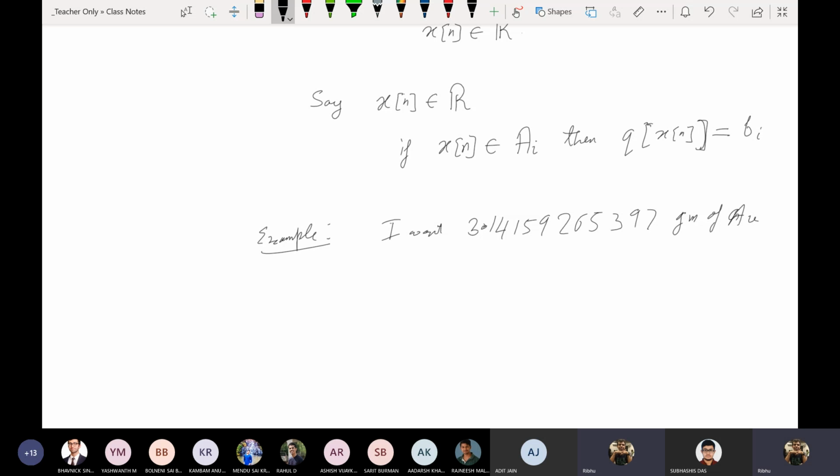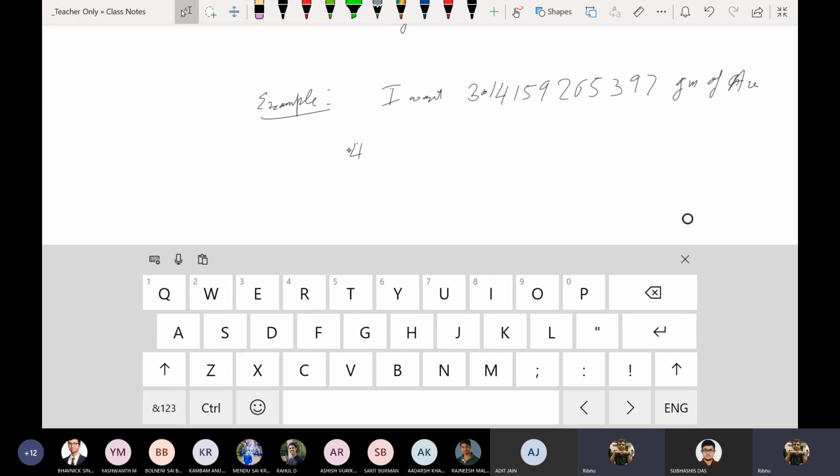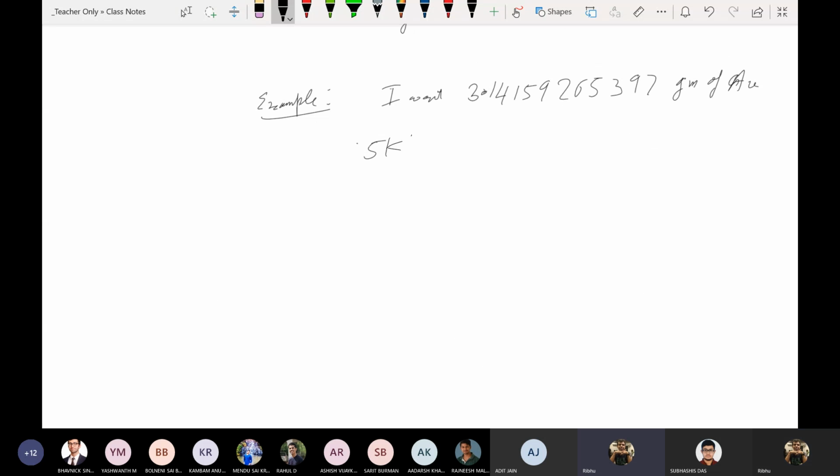How expensive is gold anyway? Any idea? Sir, 45,000 for 10 grams. Okay, so let's approximate it to 50K for 10 grams, or 5K per gram. If I go and tell that guy that I want 3.14159265397 grams of gold, this is pi, he'll possibly call the hospital and get me admitted to a mental ward.